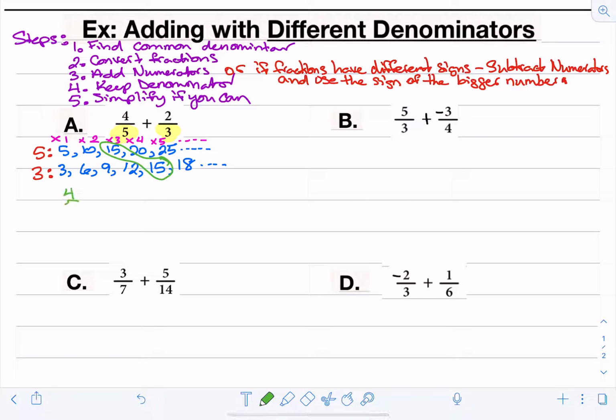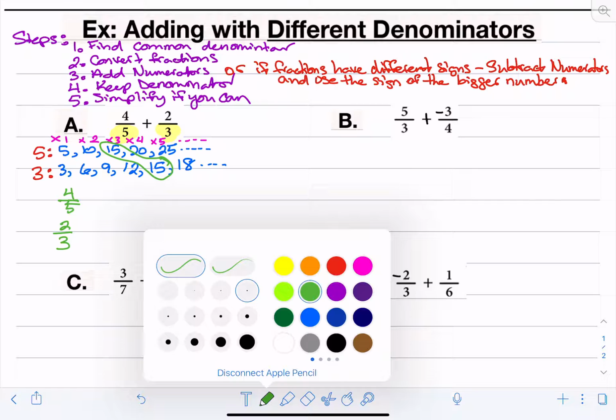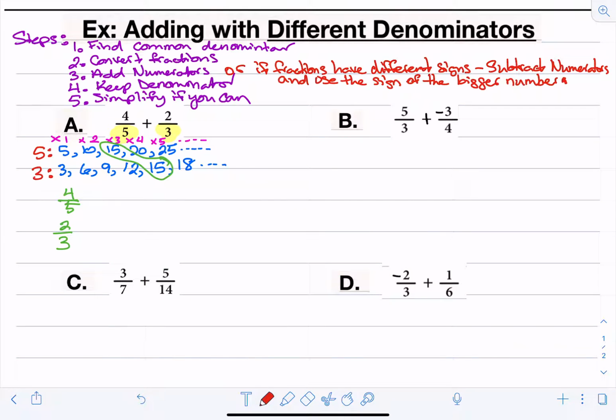So we have 4/5 and we have 2/3. Okay, we need to convert these fractions so that they have a common denominator. And the way we do that is we think, okay, well, if the common denominator is 15, we're looking for a number times 5 that will give us 15 on the bottom, and a number times 3 that will give us 15 on the bottom.